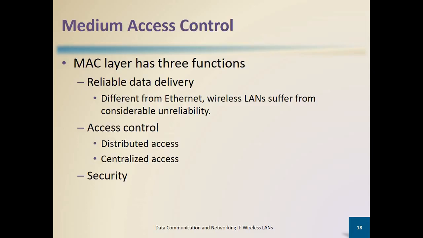The other functionality was access control, where you have distributed access and then centralized access, designed to play a key role in handling the distribution of the various nodes or stations that a given MAC, or medium access control, supports.